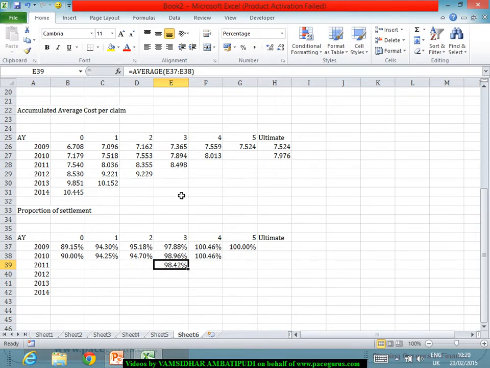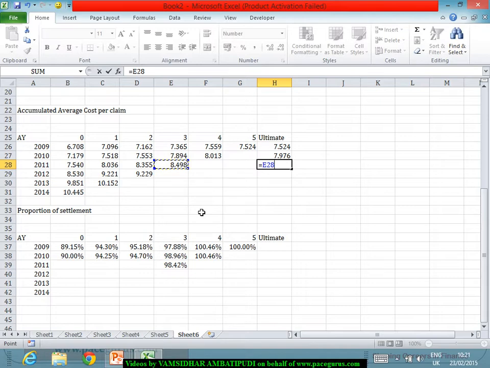So 8.498 corresponds to 98.42%. Using this number, I'll find the ultimate for 2011. Ultimate average cost per claim is coming out to 8.632.